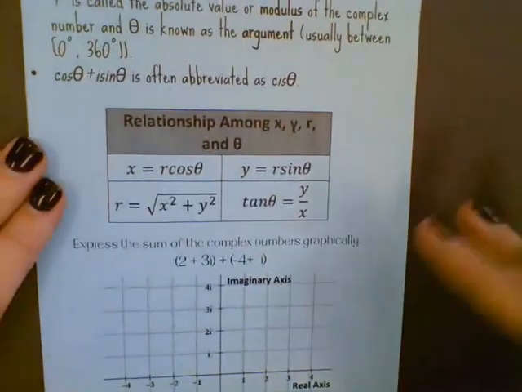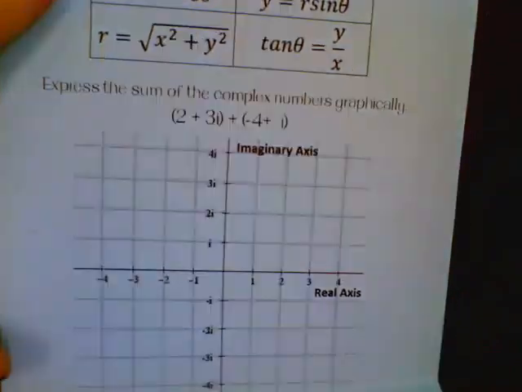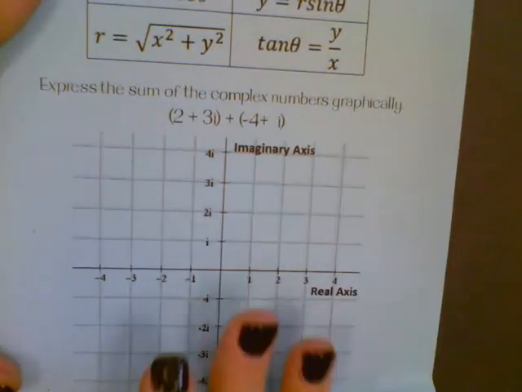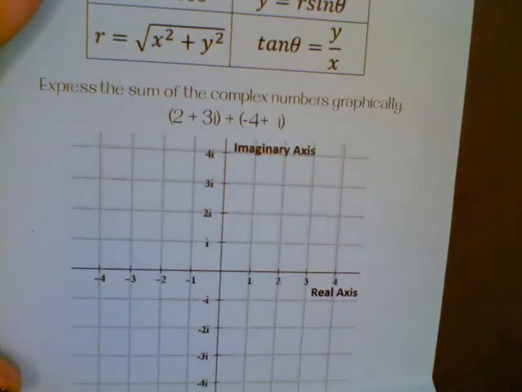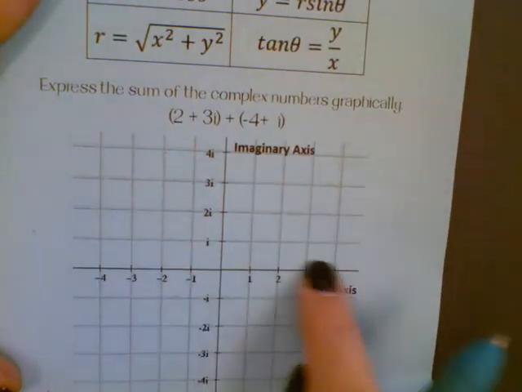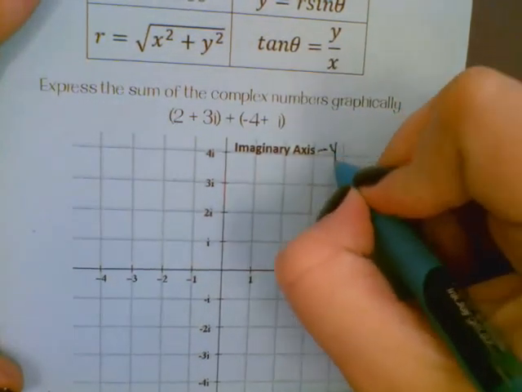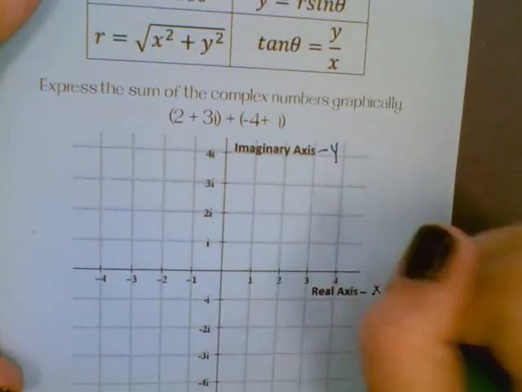So when we graph polar numbers or complex numbers on a coordinate plane, this is graphing it on a rectangular plane. We're going to graph on polar planes in 8.5. Our y-axis is the imaginary axis, and the x-axis is the real axis.